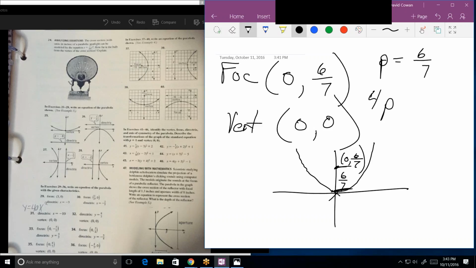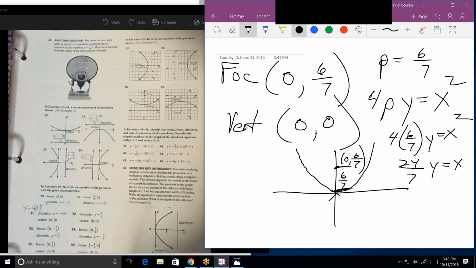It's y equal x squared. So what goes next? y. There's your general format. Now just plug in p of 6/7. So we've got 4 times 6/7 y equals x squared. That's 24/7 y equals x squared, and that's your answer.